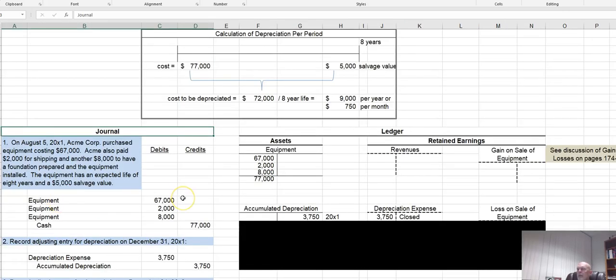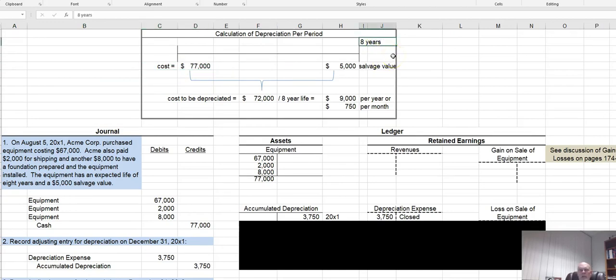So, at the top of the page is the diagram of the asset we're going to be accounting for. We purchased some equipment that had a cost of $77,000. We're estimating we will use it for 8 years.